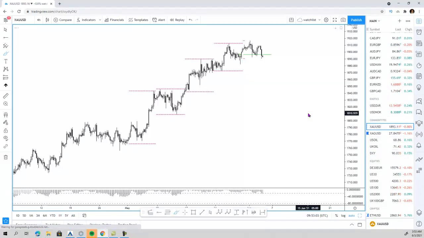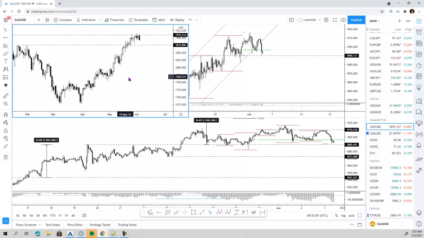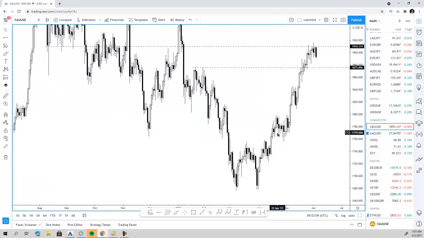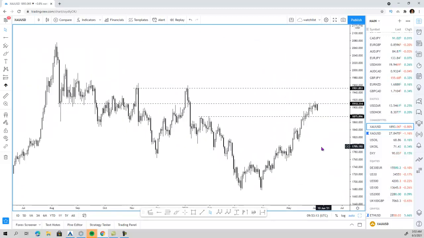Let's talk about gold and silver. On the daily, gold looks extremely bearish. If you are new to the VIP team, you might not know this, but all clients already know that we were looking at this massive base for some rejection, the 1910 level, which we've had.